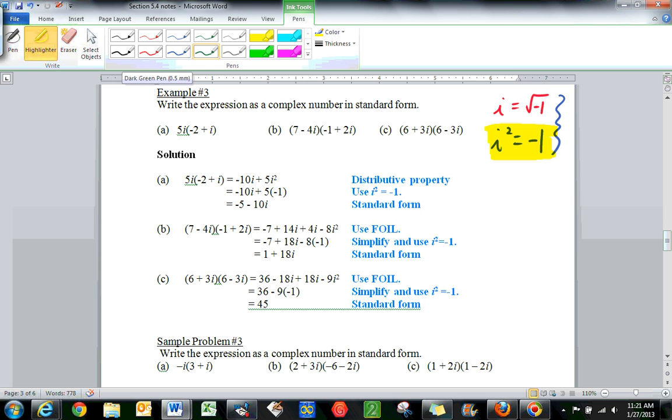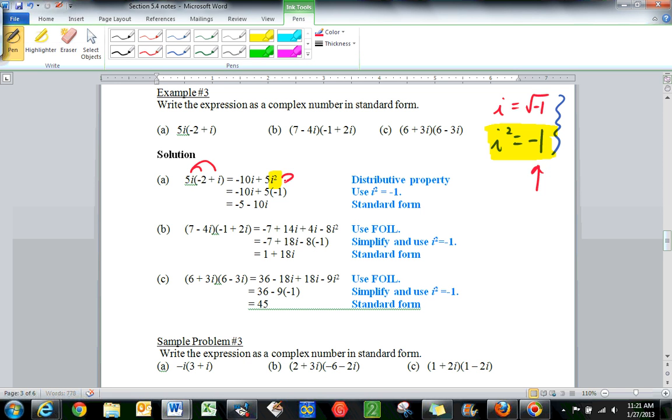So if we look at example A, as we distribute the 5i across the binomial, we actually get a 5i squared just like we would have if we had another variable. But the difference between i squared and say an x squared is that i squared actually has a defined value. i squared is going to equal negative 1.